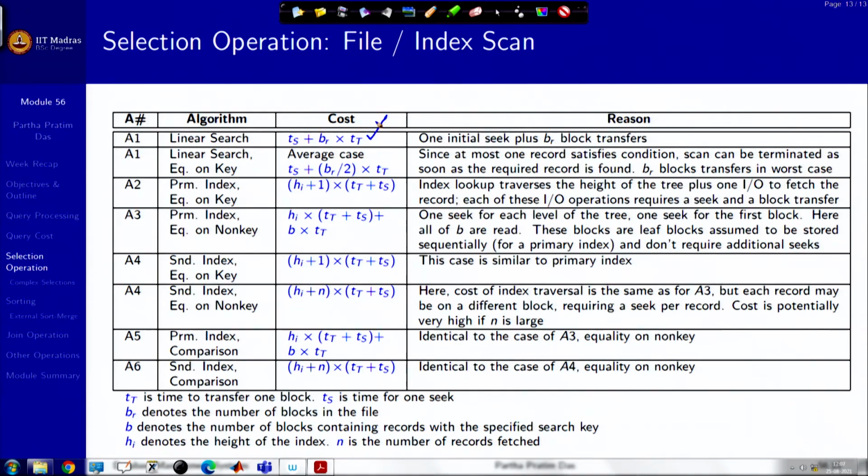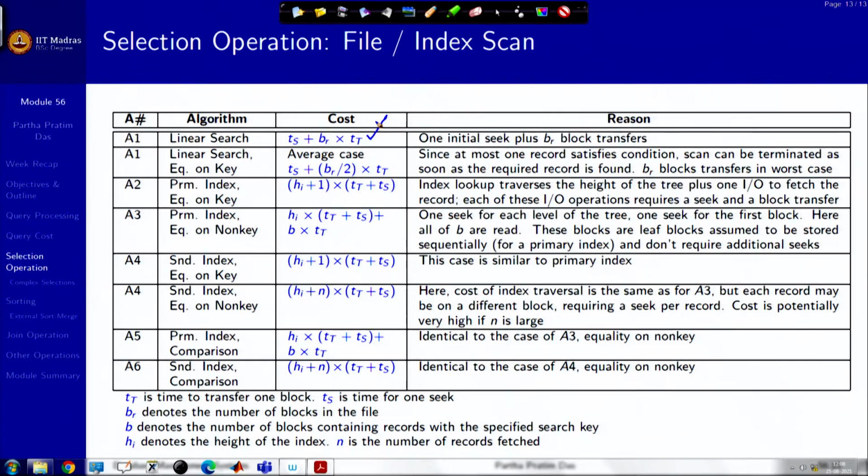Now, if you do a linear search, but you are just looking for equality on key, you have a key and you are looking for equality on that key, which is very often what you do, filtering on the key. So, what will happen? Once a record satisfies this condition, your search will have to stop, because key is unique.